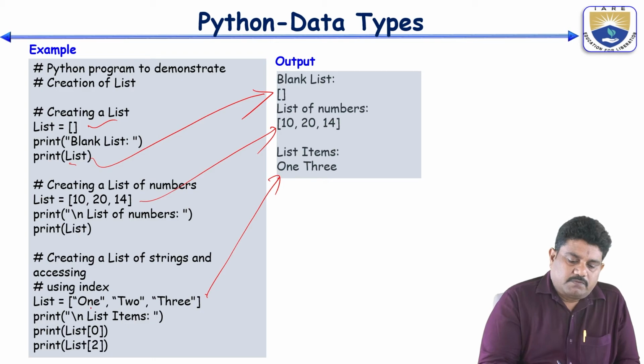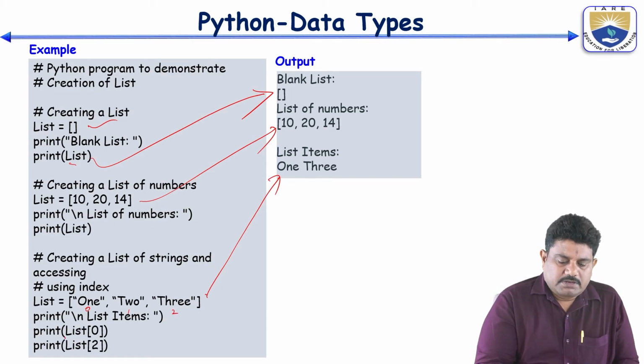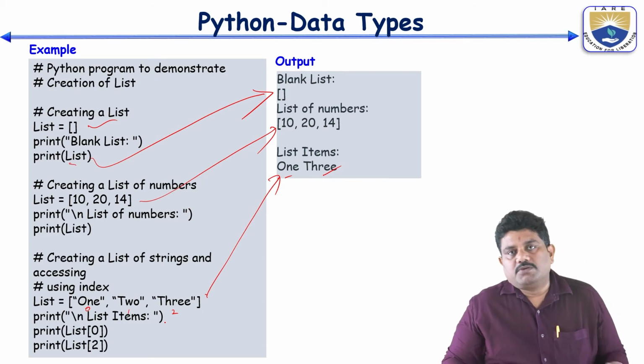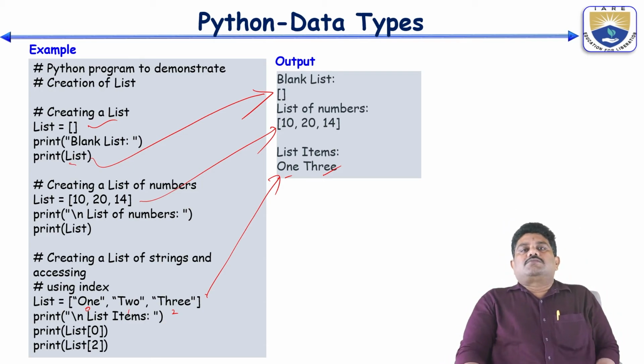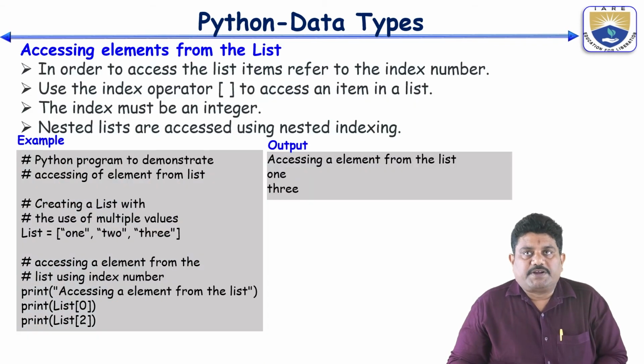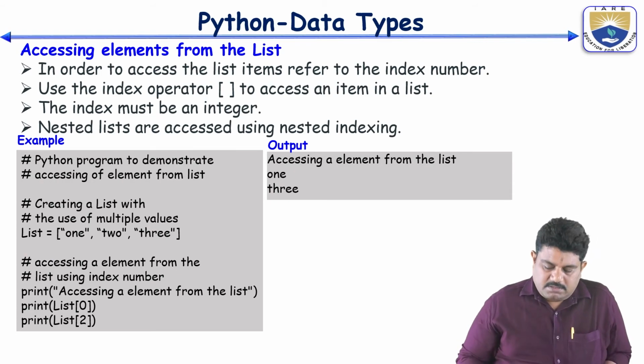So the position of 1 is 0, the position of 2 is 1, the position of 3 is 2. That's why list of 0 prints 1, list of 2 prints 3. Like that, by using index values, we can access the list items. That's what I explained already.